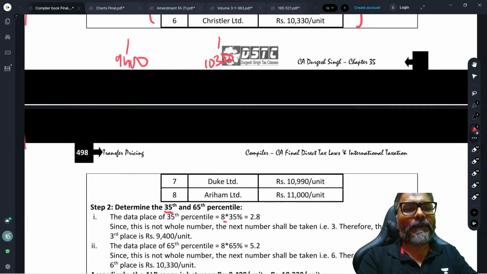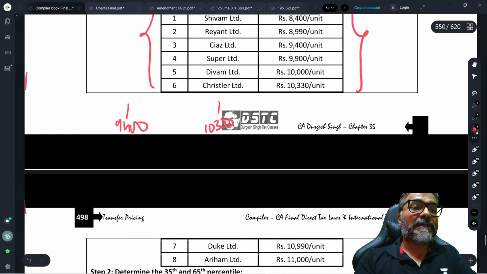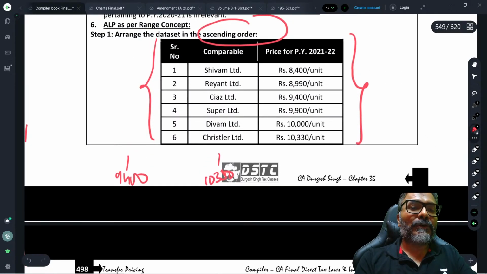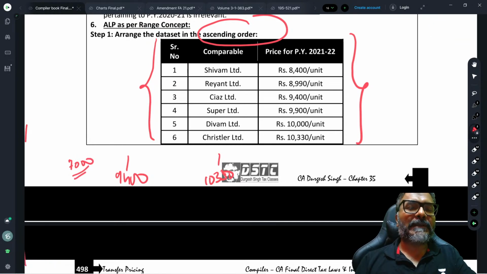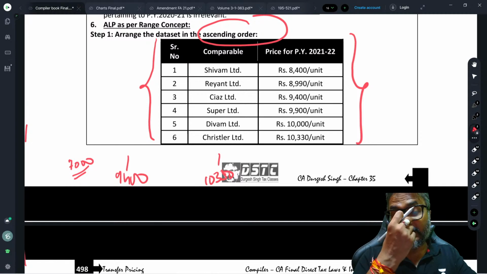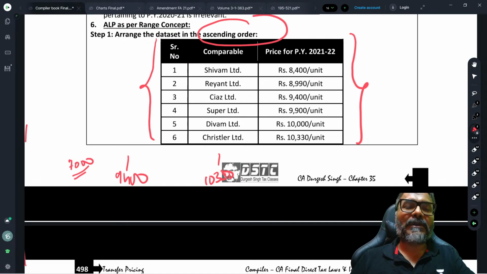Here, you just focus on the 7,000 part. So on the 7,000 only, the discussion would be considered right now. So 7,000 is the price at which you have sold. So your sales is less. And where your sales is less, will the transfer pricing adjustment be required to be made? If your sales is at 7,000 only, then definitely your transfer pricing adjustment is required, because there is an underreporting on your part, isn't it?